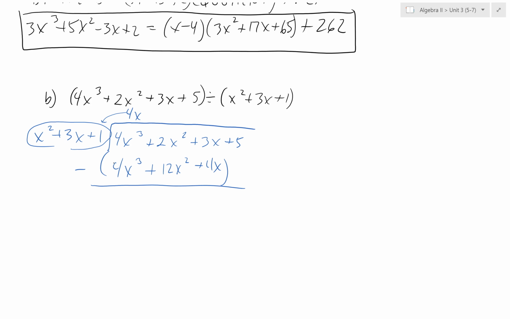So 4x cubed minus 4x cubed is 0. 2x squared minus 12x squared, what's that? Negative 10x squared. And 3x minus 4x, negative x, and then bring down the 5. Now what's the next thing we're going to multiply by up on top?